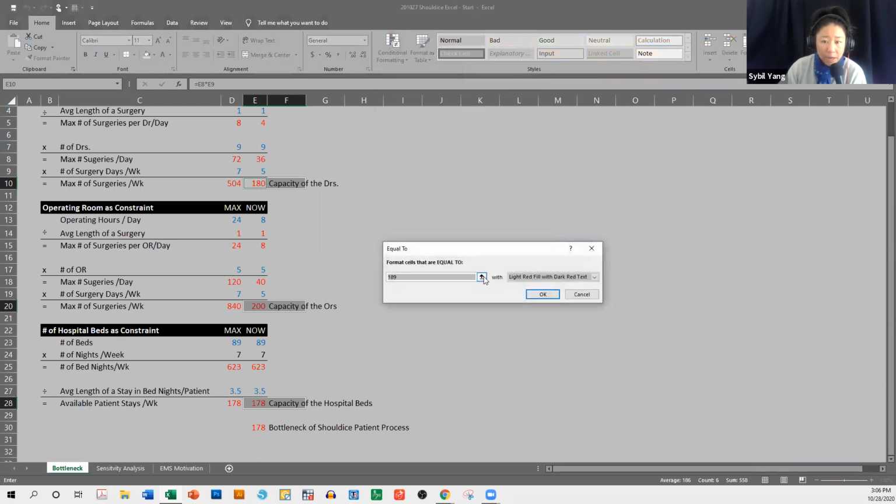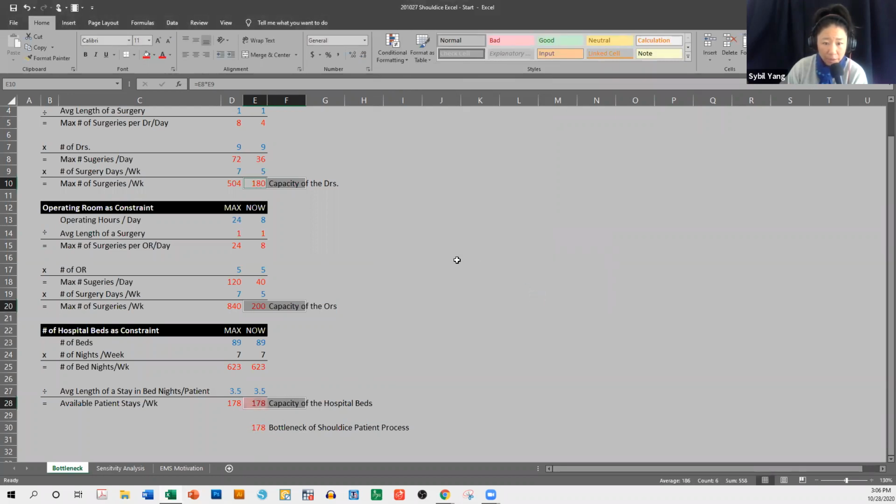If the cell is equal to this cell, with absolute references, fill with red and red text. Click OK. So this number is equal to this, and so it's now red.